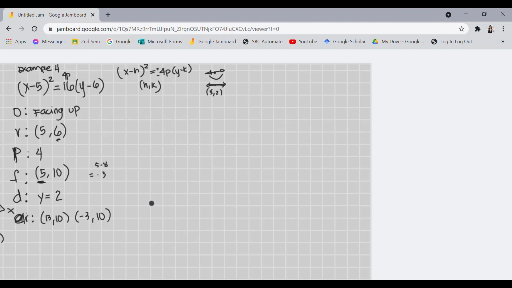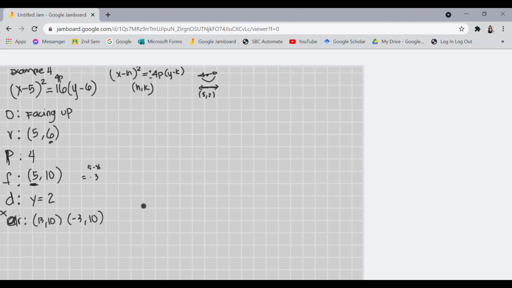So, let's say we graph this example. We have here this graph. Okay, so 1, 2, 3, 4, 5, 6, 7, 8, 9, 10, 11, 12, 13. And on the left side, we have negative 1, negative 2, negative 3.